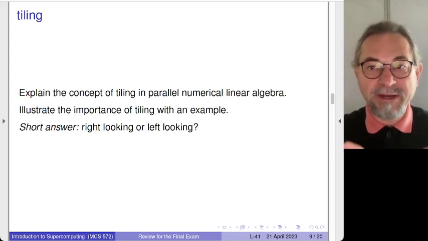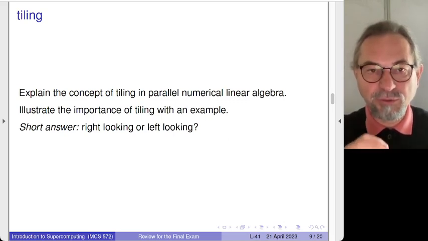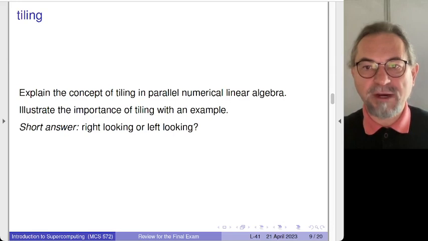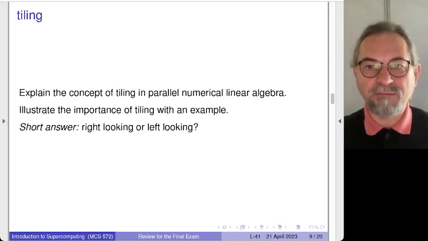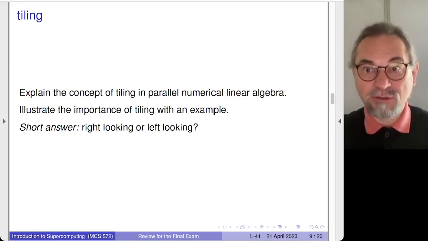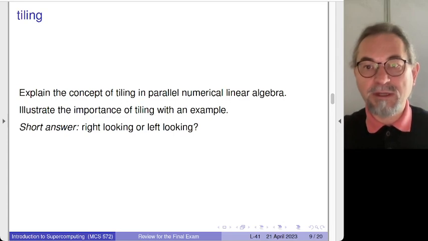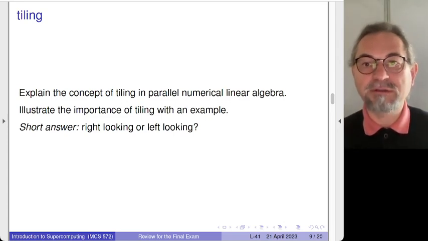What is important for the right-looking is that you would do the row reduction of everything that is on the right. You have not a 2 by 2 now, but think about a 10 by 10. In the right-looking, as in the classical row reduction, you reduce everything that is to the right of the pivot column and what is below the pivot.